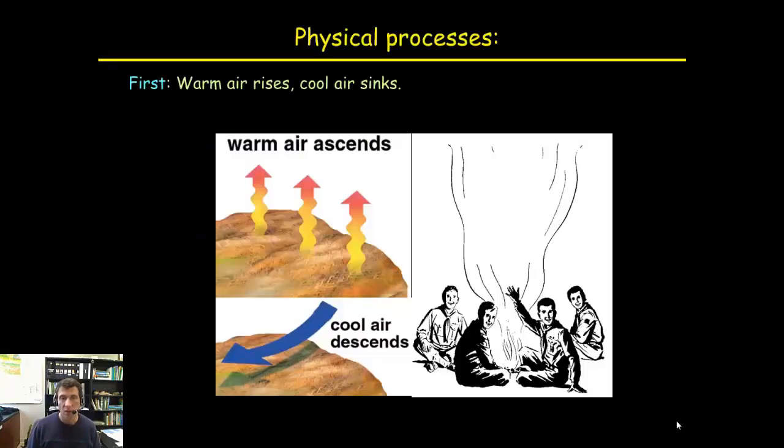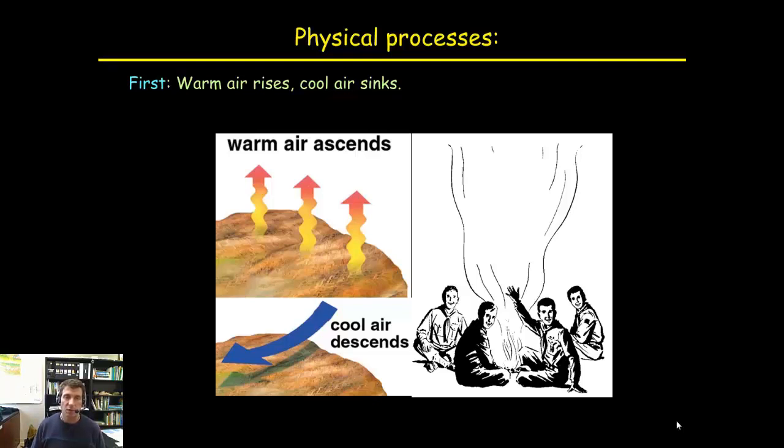So let's start off with the fact that warm air likes to rise and cold air likes to sink. This is driven by changes in air pressure as a parcel of air is heated up and those air molecules want more elbow room, so to speak, and they spread out, and then they wind up rising because the air surrounding them is very dense. You don't have to know all that.